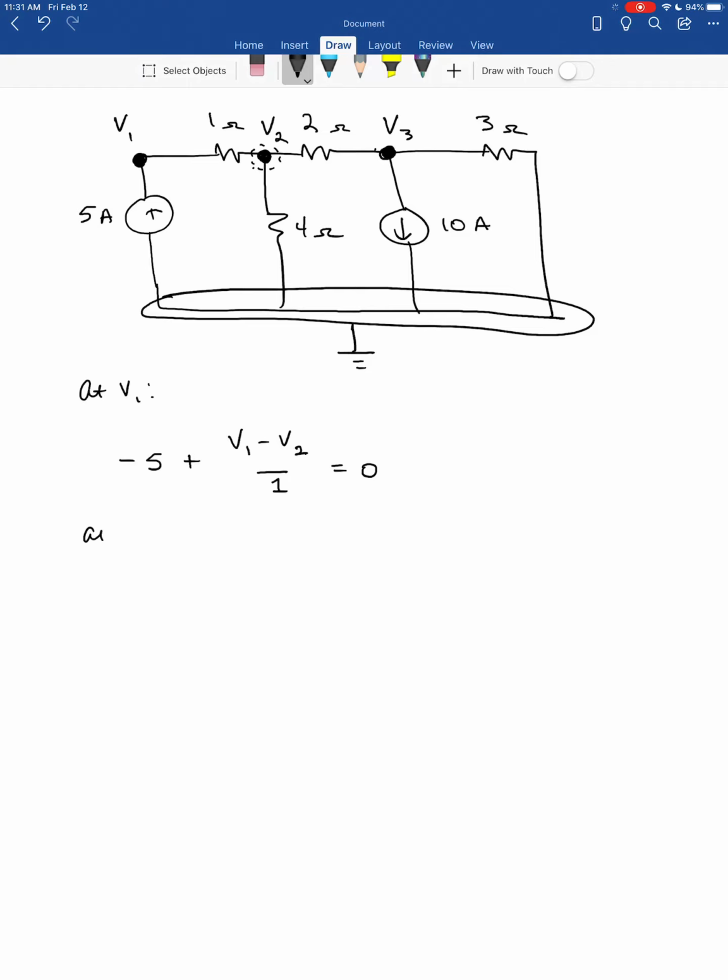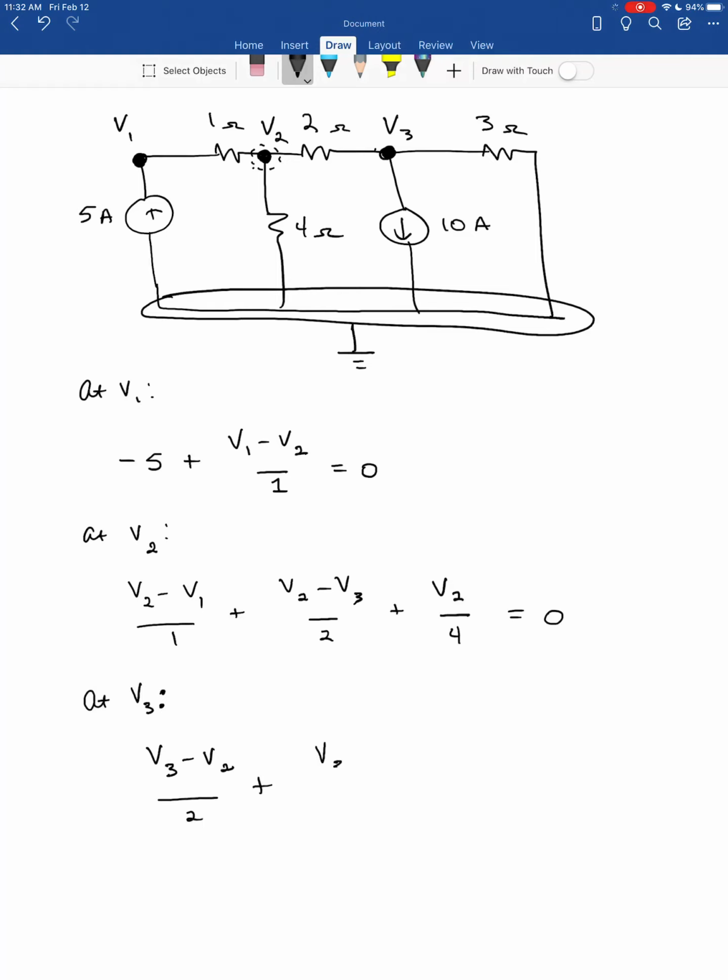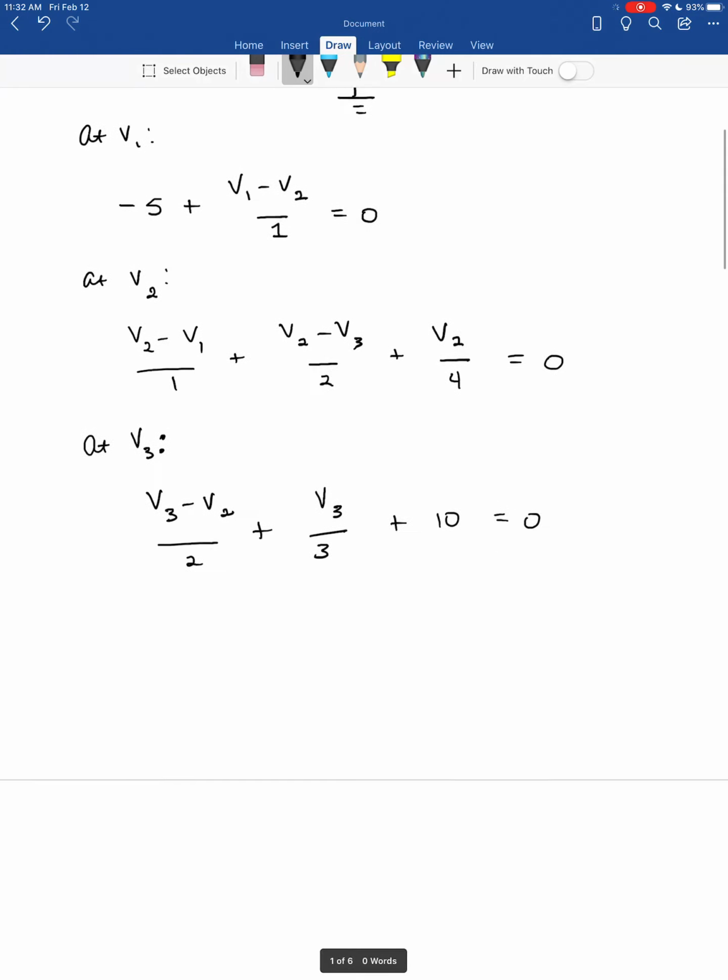Once again, assuming all the currents through resistors leave the node, we have V2 minus V1 over 1 plus V2 minus V3 over 2 plus V2 minus 0, and we will not put the 0, over 4 is equal to 0. And then finally at V3, we have V3 minus V2 over 2 plus V3 over 3, because that would be V3 minus 0, and then plus 10 equals 0. Positive because it's leaving the node.